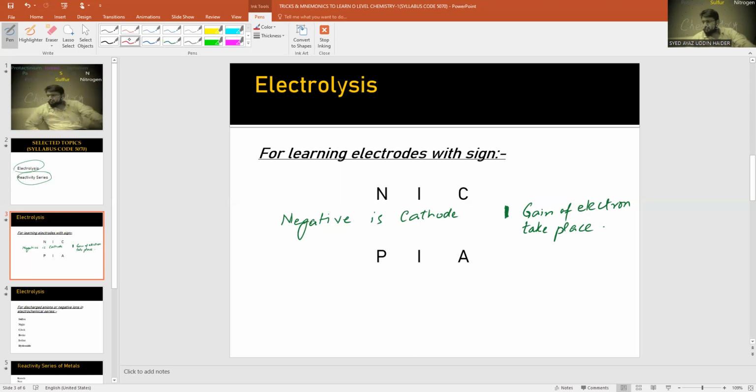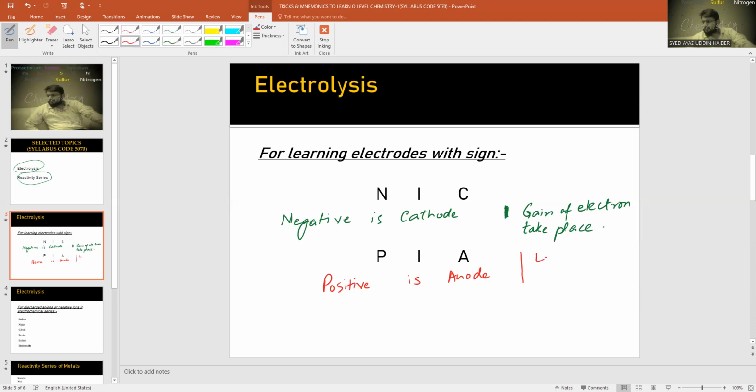P stands for positive, I stands for is, A stands for anode. That means anode carries positive charge. We represent anode with a long thin line. Anions or negative ions will move towards anode and lose electrons. Loss of electrons is oxidation.